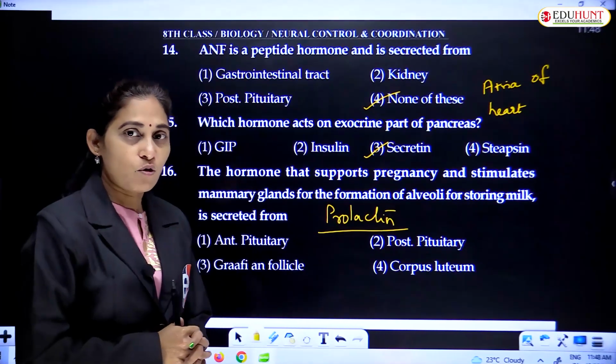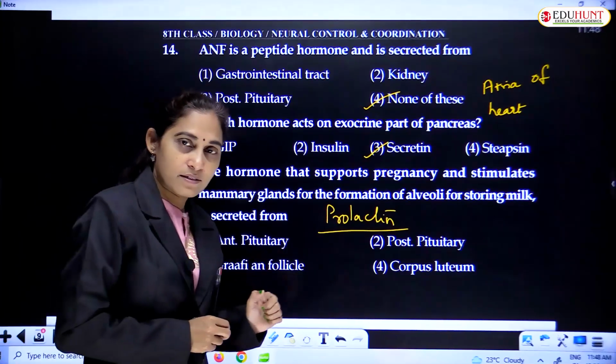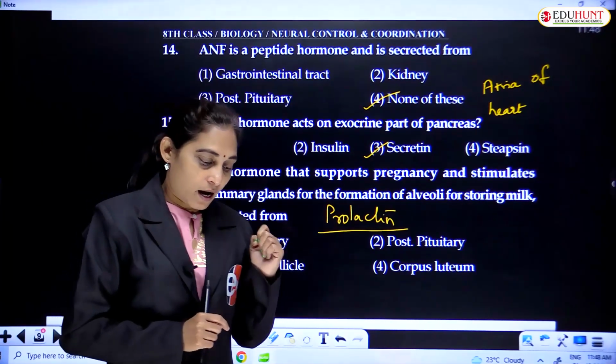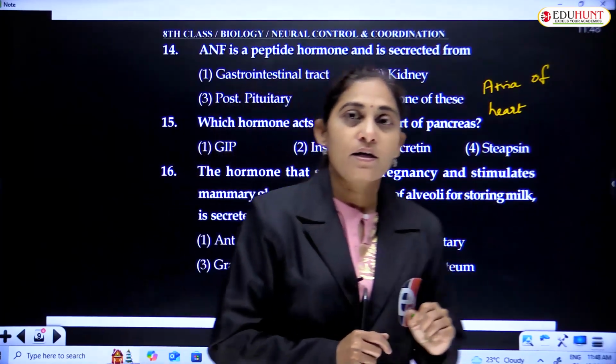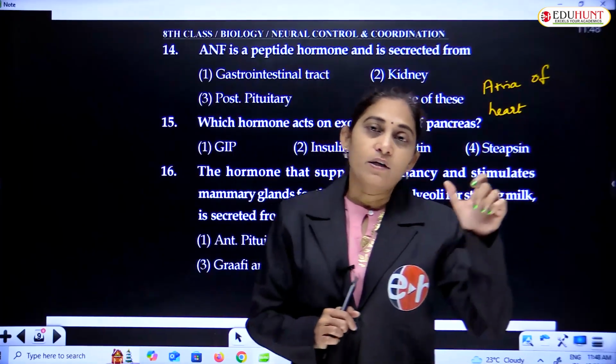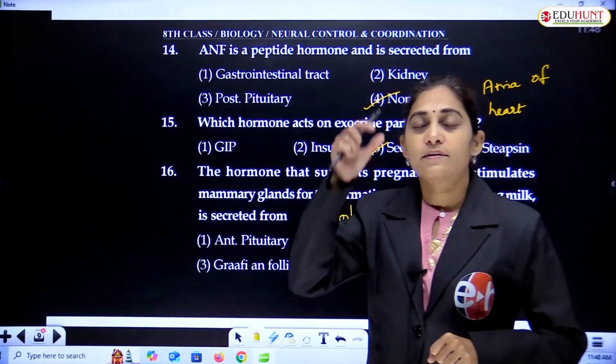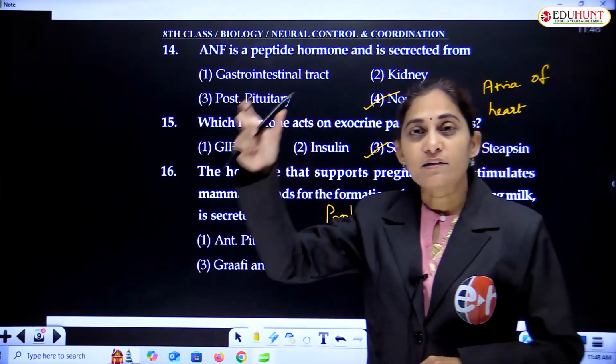First of all, we should know the different endocrine glands and their secretions. I have already mentioned that all of you should take down these glands on one side and their secretions and even defects.